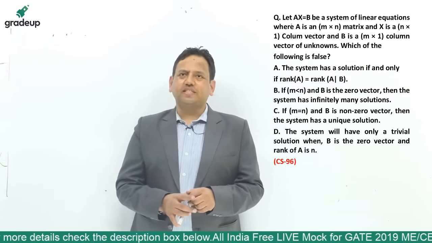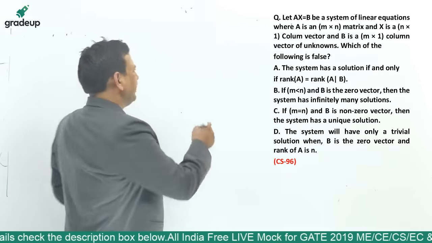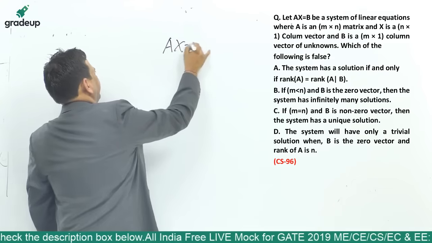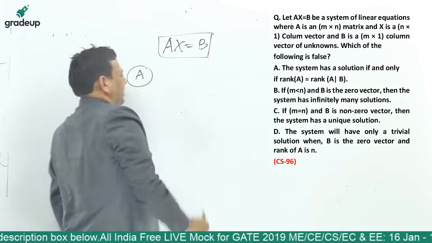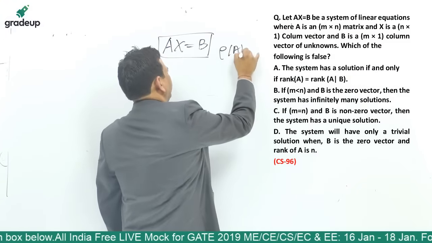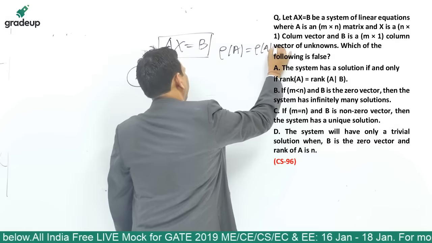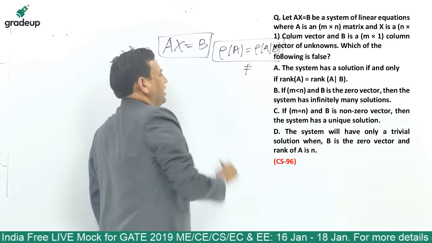If you understand the concept, then it is very easy. Let's start. We are saying AX is equal to B. Now read the first option. We know it is consistent if rank of A is equal to rank of AB. Done. Then it is consistent. If not equal, then it is inconsistent.